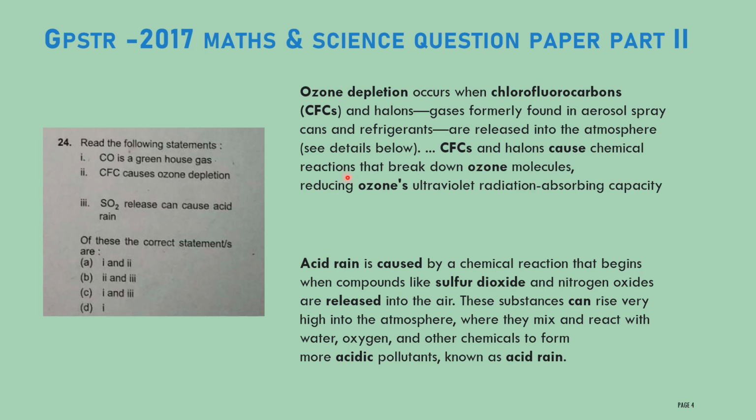This chemical reaction leads to breakage in the ozone layer. Then it will break the ozone molecules also. This we call ozone depletion. If ozone depletion happens, then harmful radiation, for example ultraviolet radiation, can pass through the ozone layer easily through the holes, and also the ozone layer loses its absorption capacity for ultraviolet radiation.